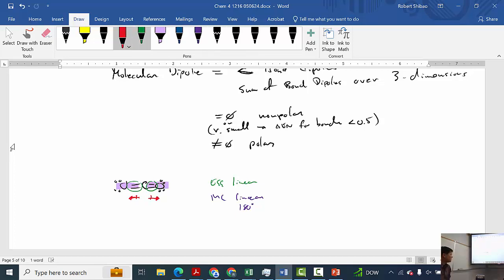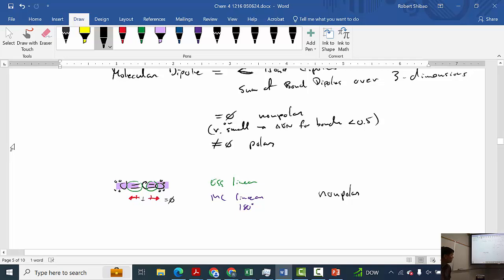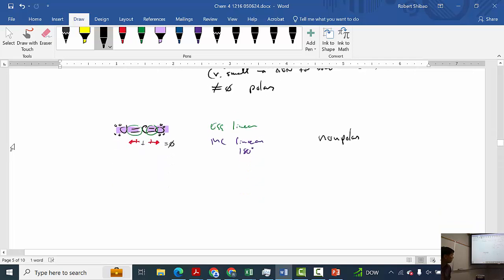So for example, let's say one oxygen's pulling to the right, the other oxygen's pulling to the left. Which direction will the molecule go? Right or left? It stays the same. So these 2 add up to 0. So this bond dipole plus this bond dipole equals 0. Therefore, this is non-polar. So carbon dioxide is non-polar.